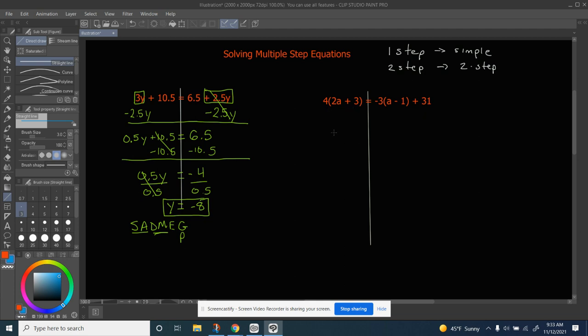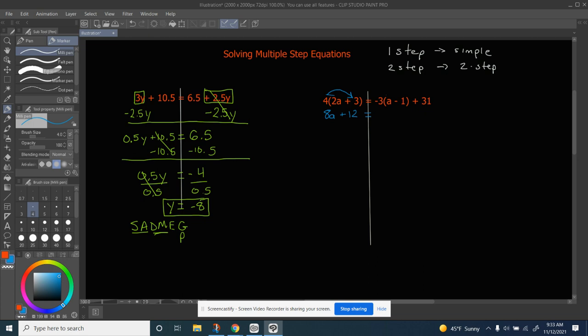And our caveat to that is we want to use the distributive property if necessary. So in this problem, we have 4 being multiplied by 2a plus 3. So let's multiply the 4 times the 2a, and that's going to be 8a. And let's distribute the 4 to the 3, and 4 times positive 3 is positive 12.